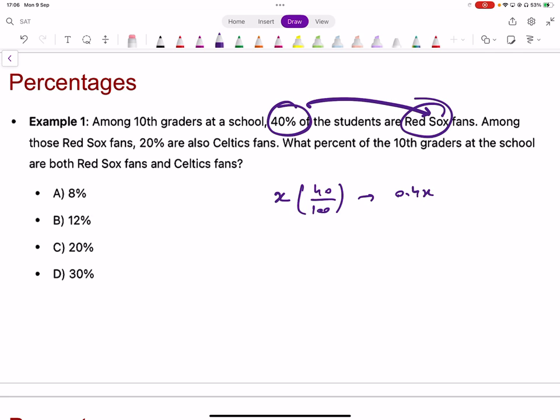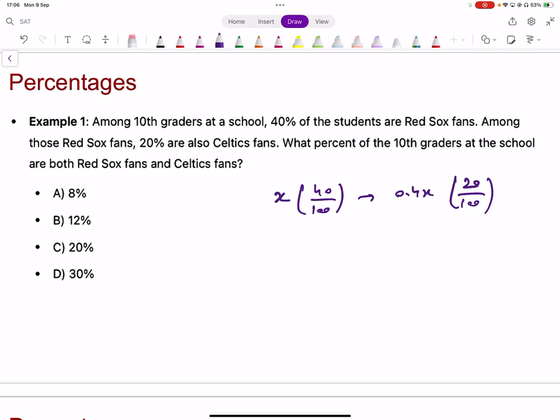And then out of these Red Sox fans, 20% are Celtics fans. That means 20% of these people. How do you find 20% of this now? Multiply this by 20 over 100.